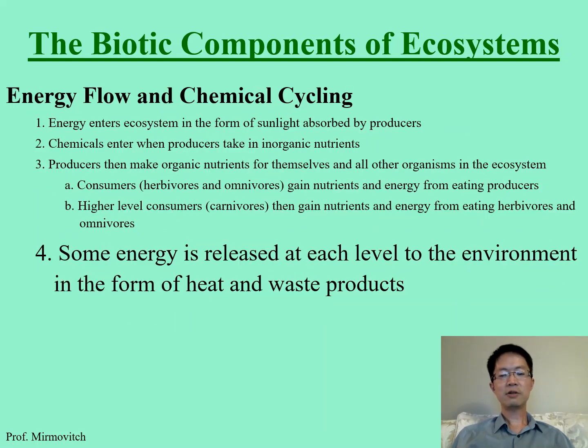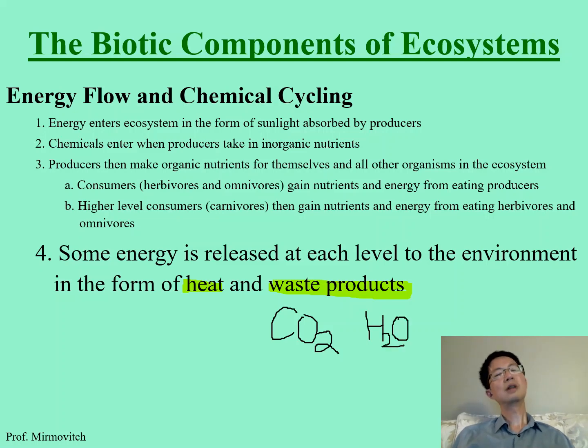Some energy is released in each level in the form of heat and waste product. So what are the waste product we release to the environment? For example, we release, well, again, CO2. We release, well, when we pee, we release water. Yeah, something like that.